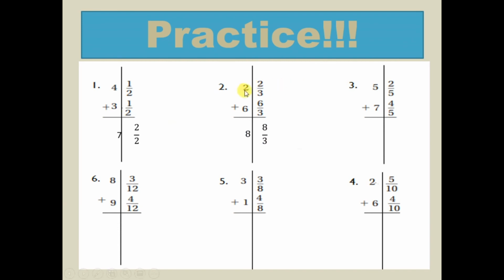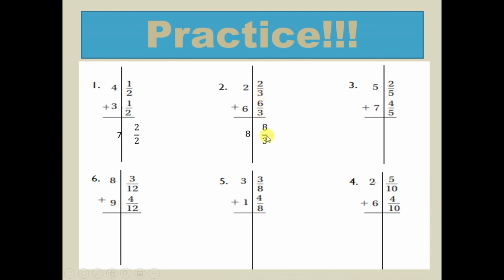Let's add the second example. 2 2/3 plus 6 6/3. Okay, let's add. Look here, 6/3 is an improper fraction. So for sure the number that we will get will be an improper fraction. So how do we add? If we have the same denominator, keep the denominator, then add numerators.